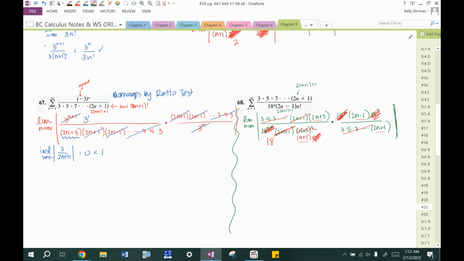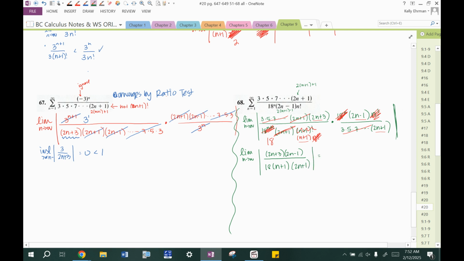But we can look at what we have lumped together. The limit as n approaches infinity of, so there's a 2n plus 3. There's a 2n minus 1. And that's all that I see that's left in the numerator. In the denominator, there's an 18 times n plus 1 times 2n plus 1. What's that going to come out to?